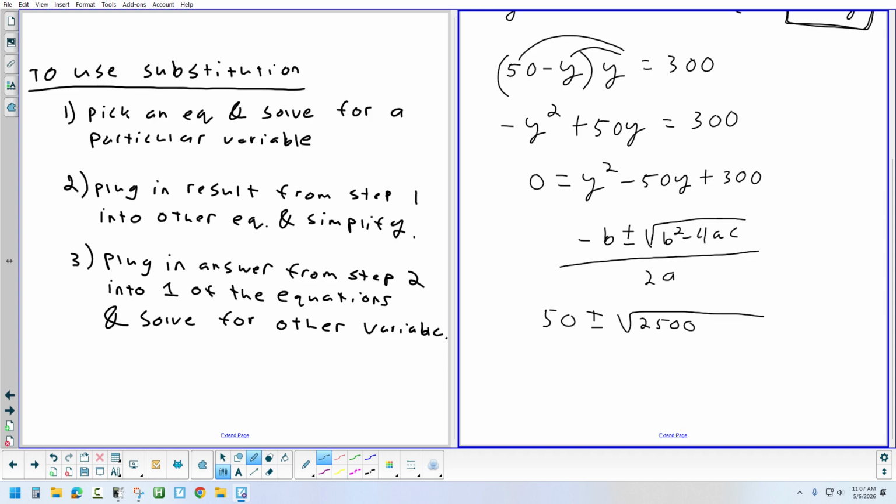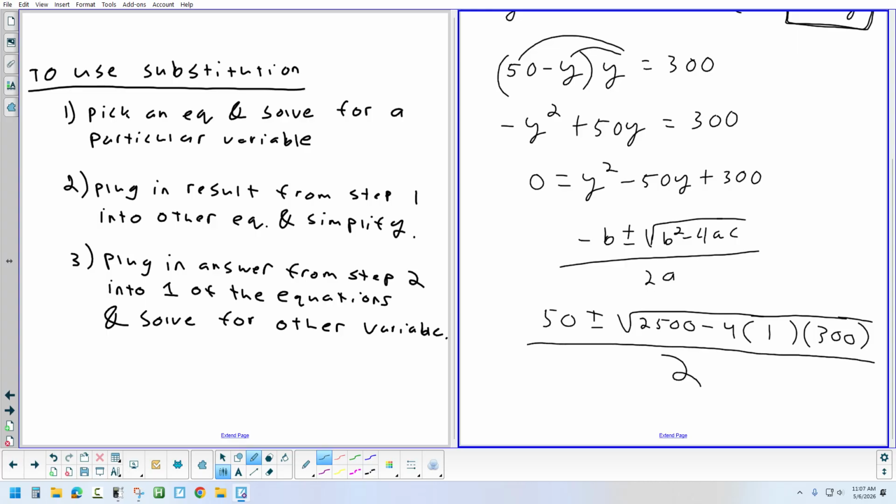So 50 times 50, minus 4 times 1 times 300. Looks good. Over 2 times 1, which in this case would just be 2.